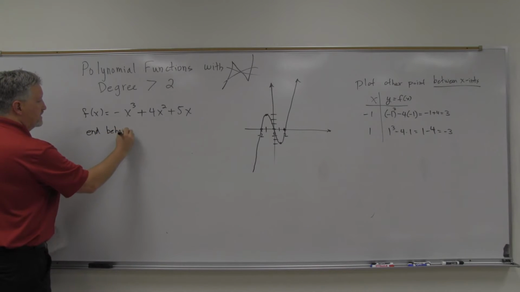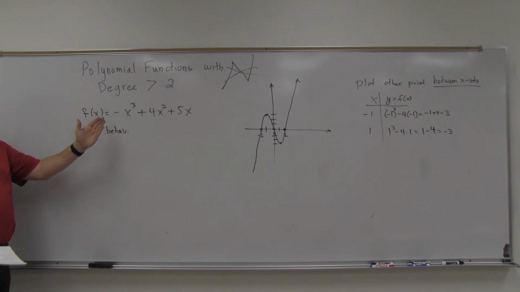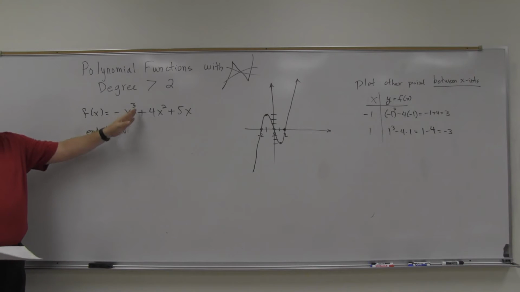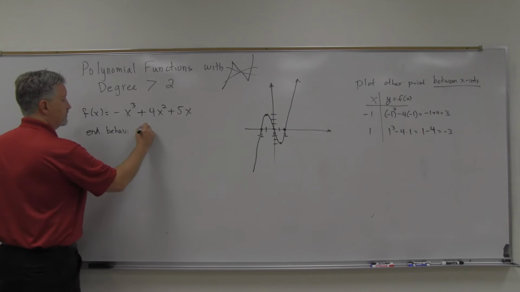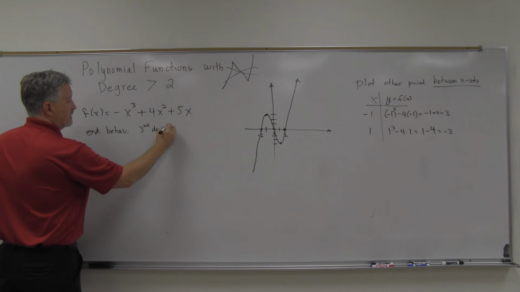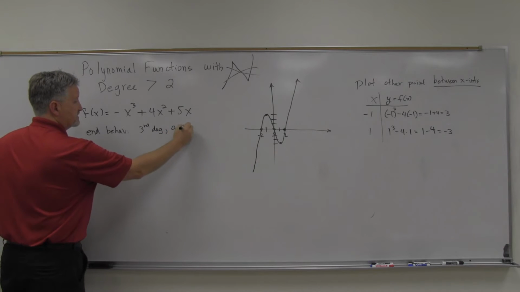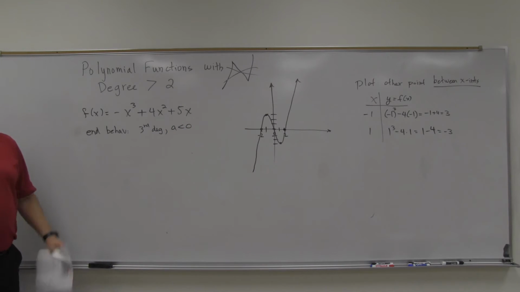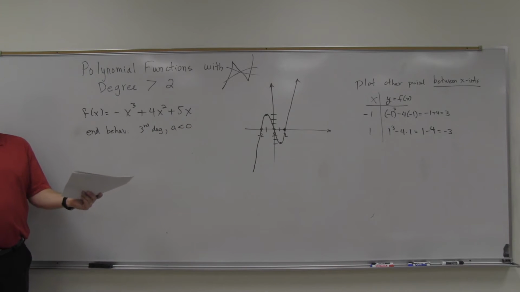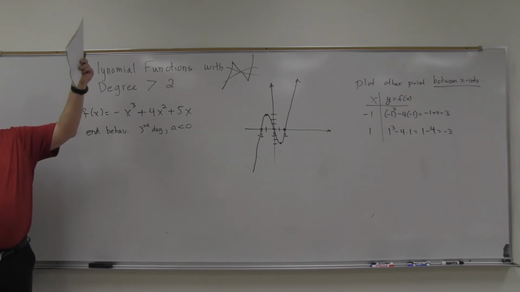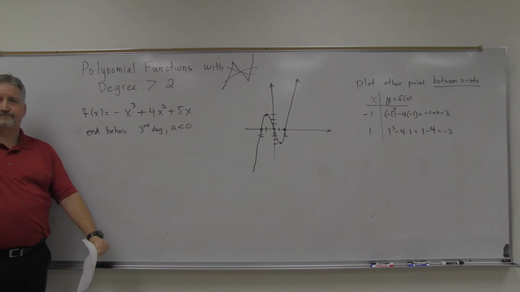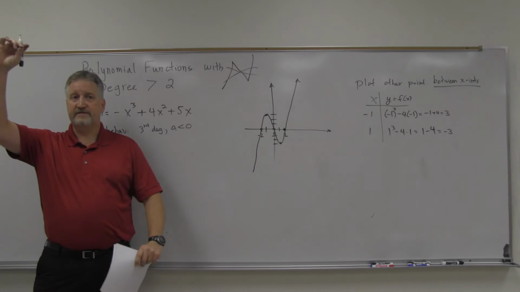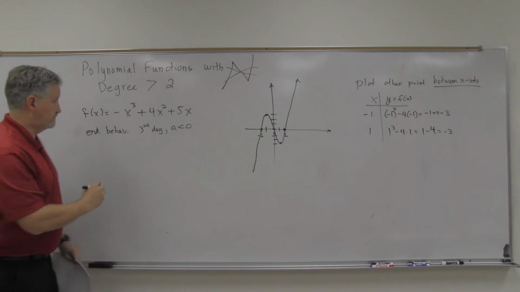Well, again, it's a negative 1 as the a, and it's a cubic, so it's third degree. So third degree, a less than 0. That's just the opposite of what we just did. Instead of the left being down, the right up, it's the other way around, isn't it? Left up, right down. The left is up and the right is down.